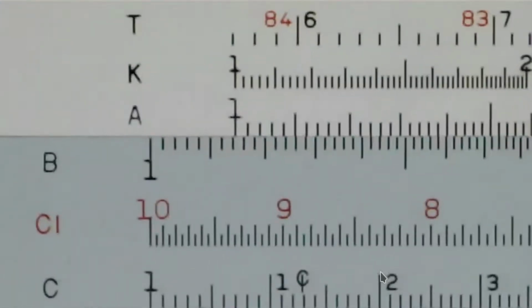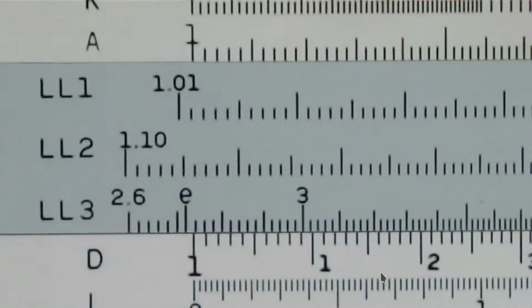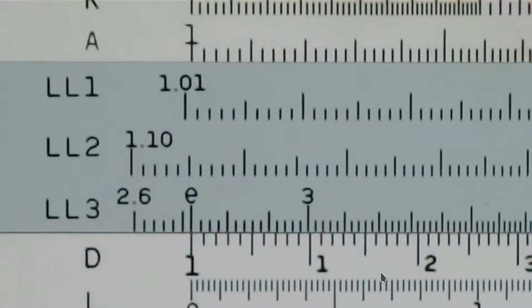We don't have to move the index. We'll just leave that where it is. We'll just swap over to the log-log scales, and then the number still being set on the D scale to 1.59. We'll be looking at Euler's number, so we'll align the E with the 1.